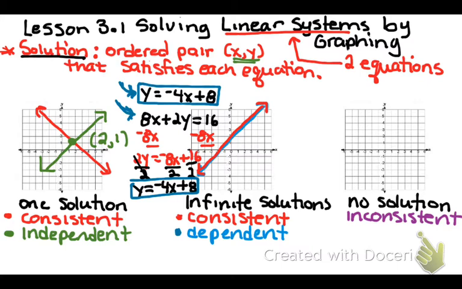Finally, we have no solution, or inconsistent, and that's because we're going to end up with parallel lines. So if I graph my two lines, they will never intersect. So there's no solution. There's never going to be an ordered pair that would be a solution to these.